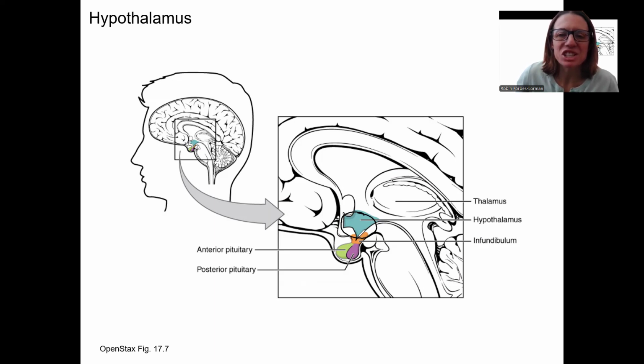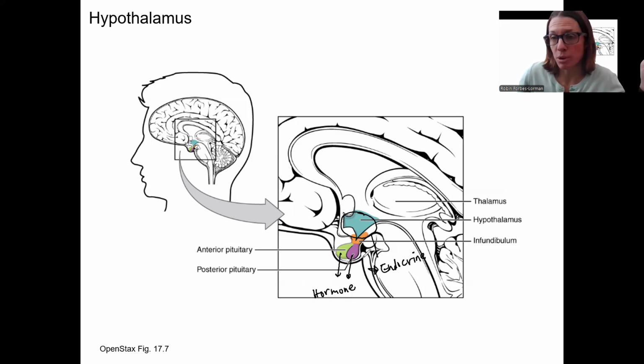The hypothalamus is initiating hormone release from the pituitary, with two different mechanisms in the anterior and posterior pituitary. Regardless, the result is hormone release from the pituitary gland that was initiated in the hypothalamus. So the hypothalamus has direct endocrine function.